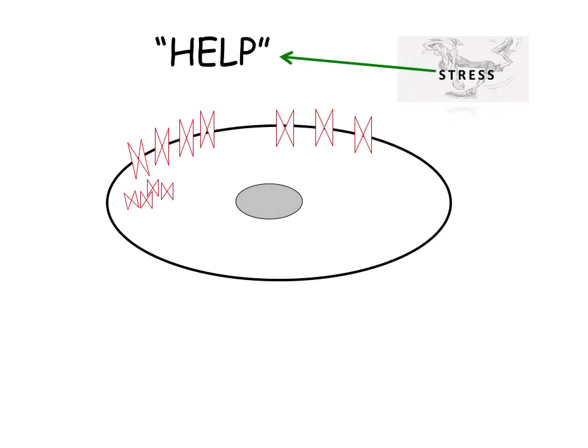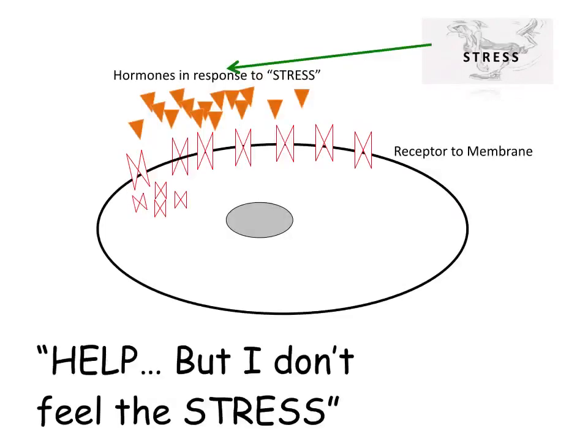We get a stress signal that the cell does not sense. In response to the stress signal, hormones are released into circulation.